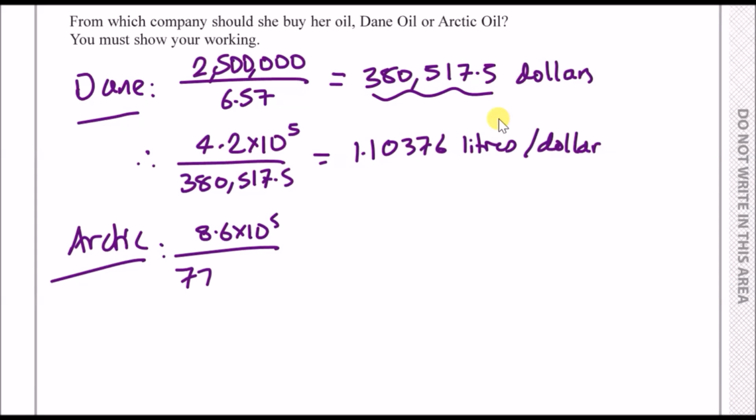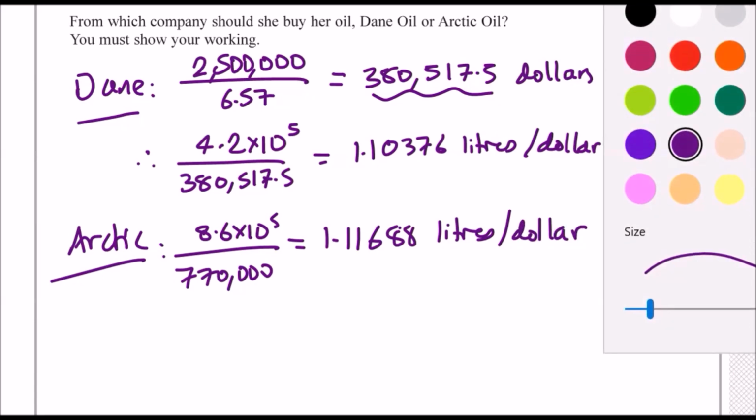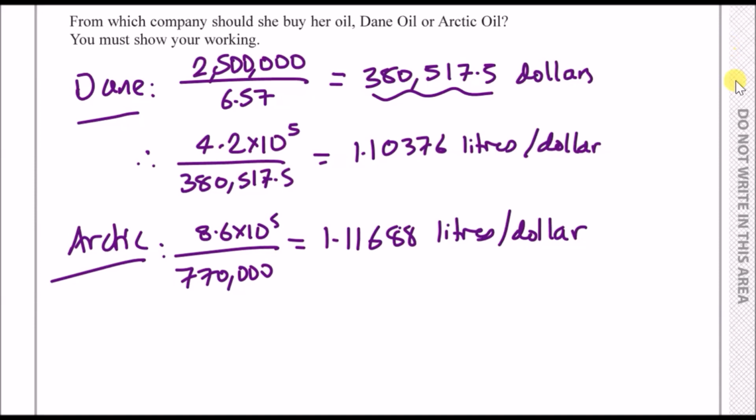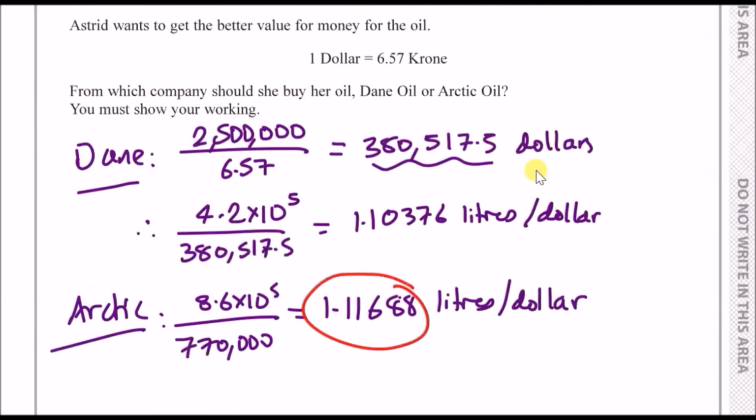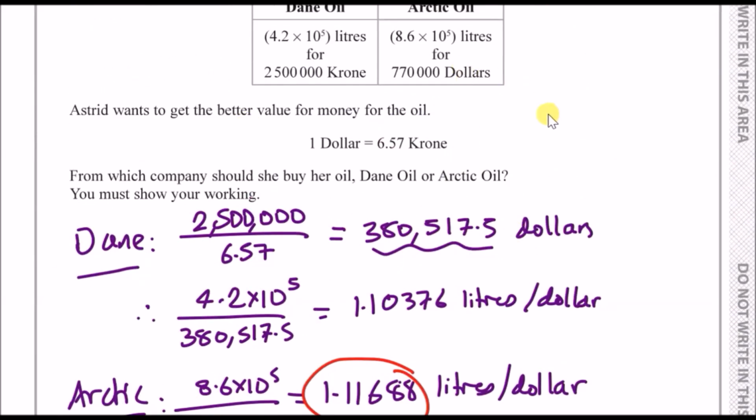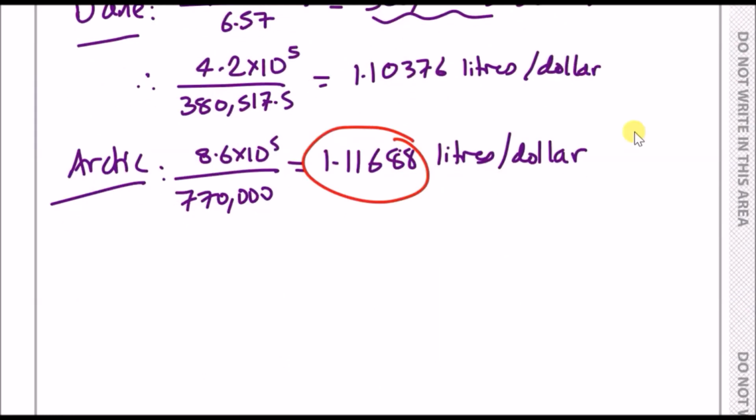And when you do this, you're going to get a rate of 1.11688 liters per dollar. And from here we can see which one gives you more for your money. So we can see that for the Arctic case, you're going to get a bit more liters for every single dollar. So in this case, you should buy oil from Arctic Oil. That's it. And we're done.